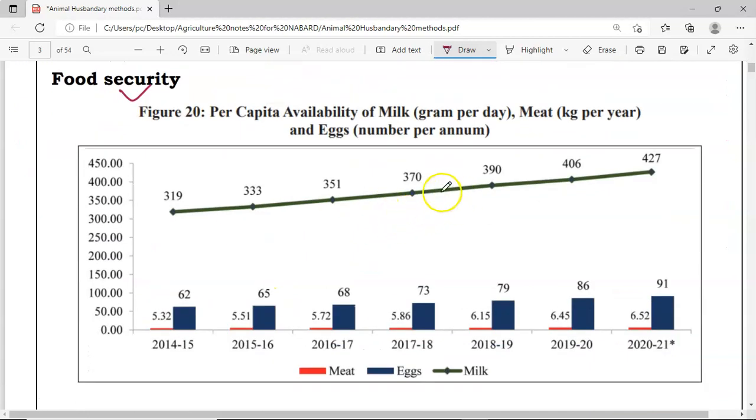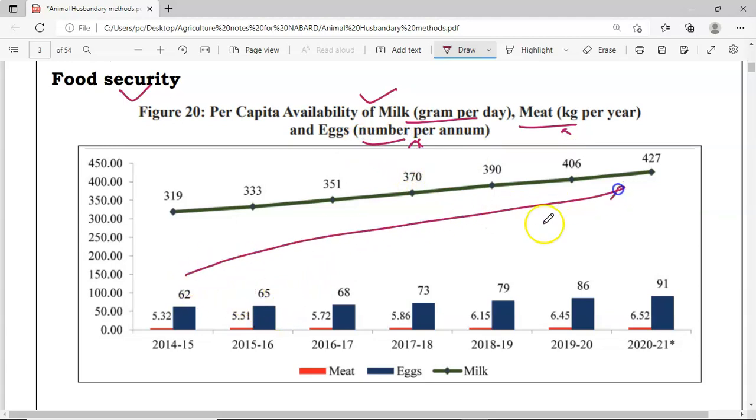If we consider the per capita availability of milk in grams per day, meat in kg and eggs in number per annum, you will see that this graph is increasing. This is the availability of milk in our country.